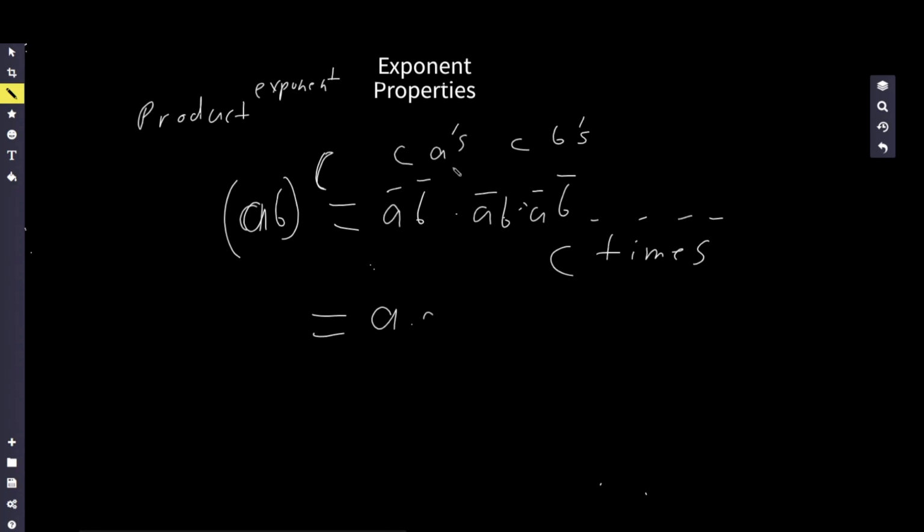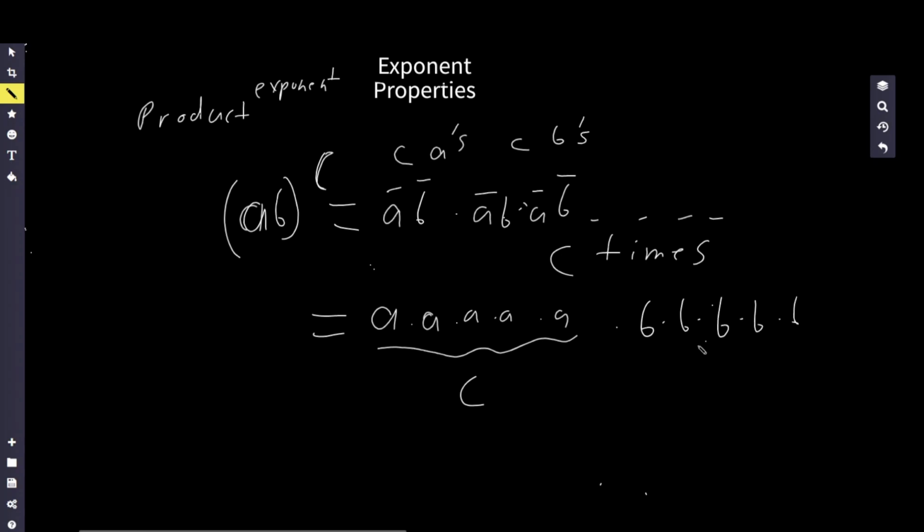It might be a bit confusing on the letters, but stick with me. C A's is A times A times A, C times, and C B's is B times B times B, C times. If we're multiplying something by itself C times, that's A to the C, and same thing for B, that's B to the C.